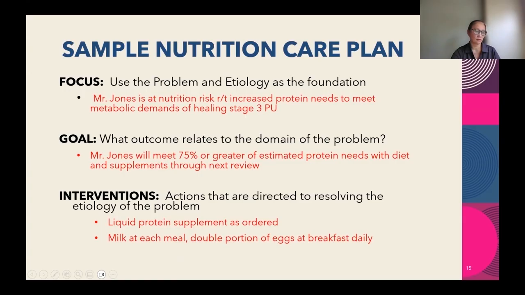Based on the comprehensive nutrition assessment and the findings, your care plan should read this way: Mr. Jones is at nutritional risk due to increased protein needs to meet the metabolic demands of healing a stage 3 pressure ulcer. Mr. Jones will meet 75% or greater of the estimated protein needs with diet and supplements through the next review. So that follows the focus.